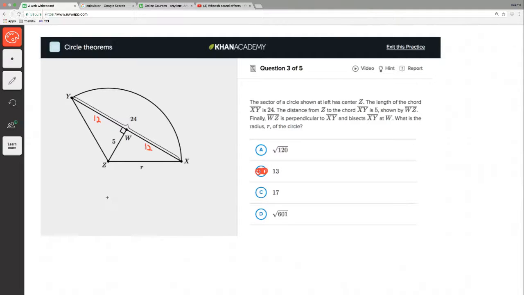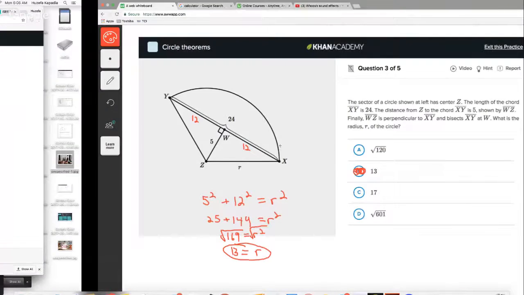So we can do a little Pythagorean's theorem. 5 squared, which is a squared, plus b squared, which would be 12, equals our radius squared. This is 25 plus 144 equals r squared. This is 169 equals r squared. To get r, we take the square root of both sides. And 169 is a perfect square. It's actually 13. So unless I've completely overlooked something, it should be 13.